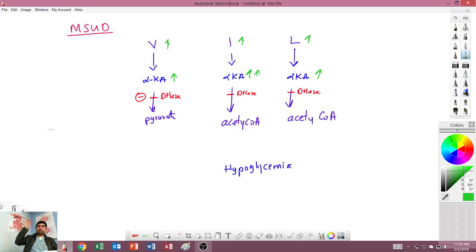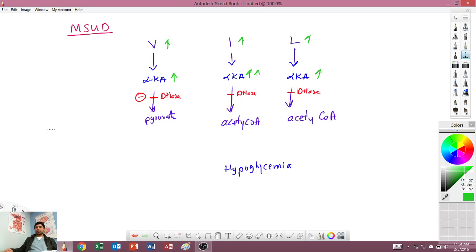You just dump too much amino acid into urine because they're not being converted. If they're not being converted, they'll be dumped into urine. Whatever you can absorb, but keto acids are usually not so good in absorption, so they will accumulate in urine. And then urine will have the smell of maple syrup. And that's why it's called maple syrup urine disease.